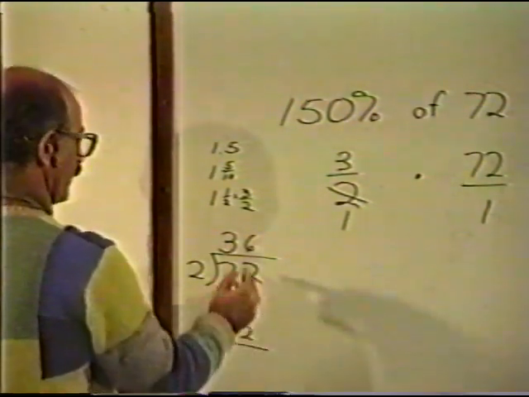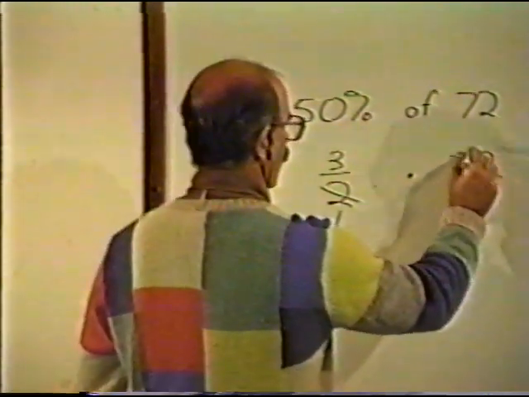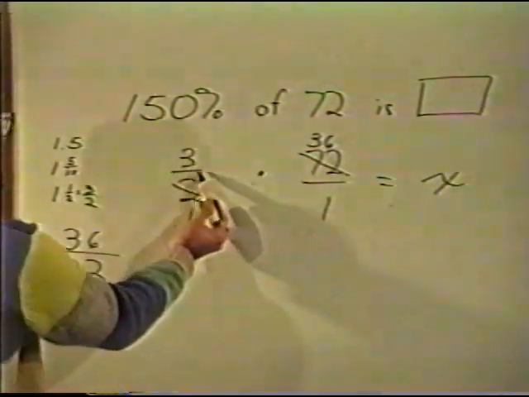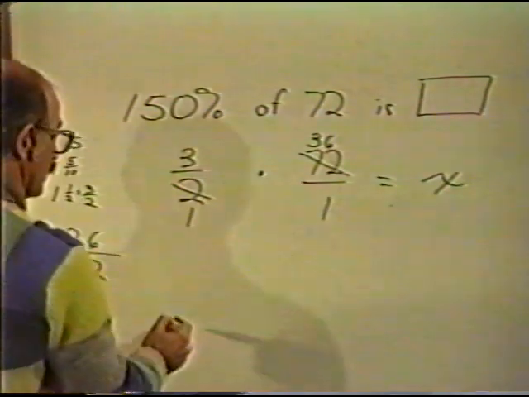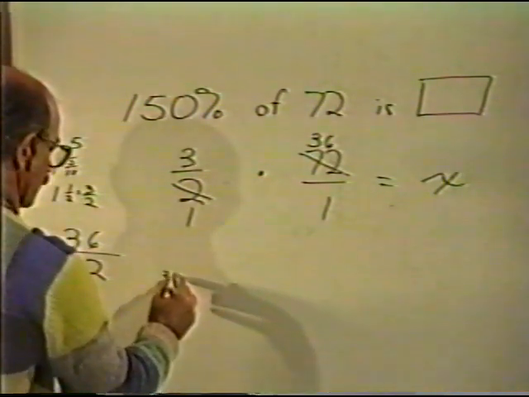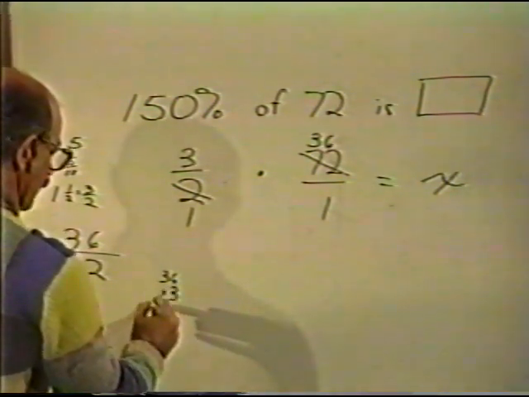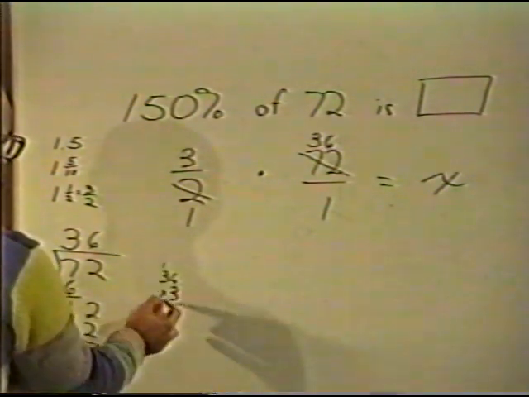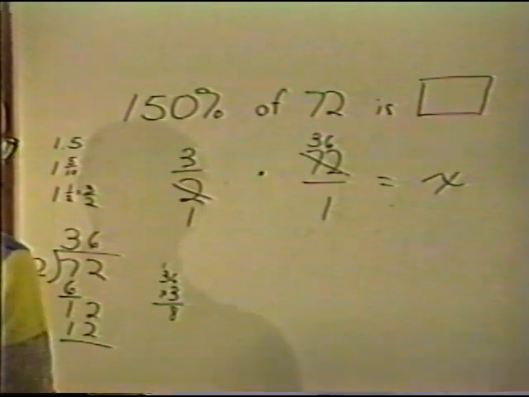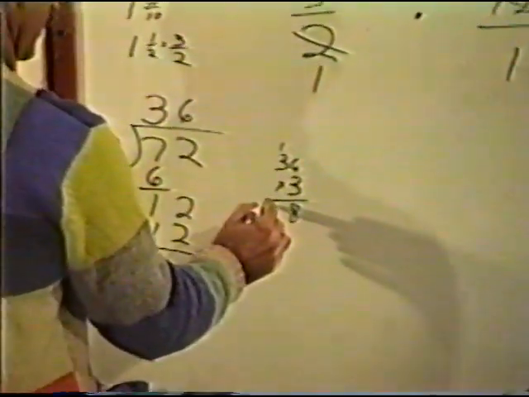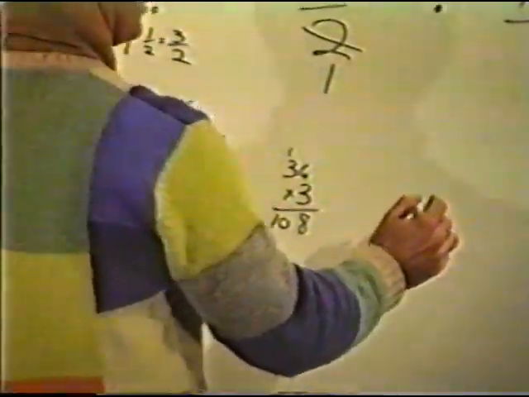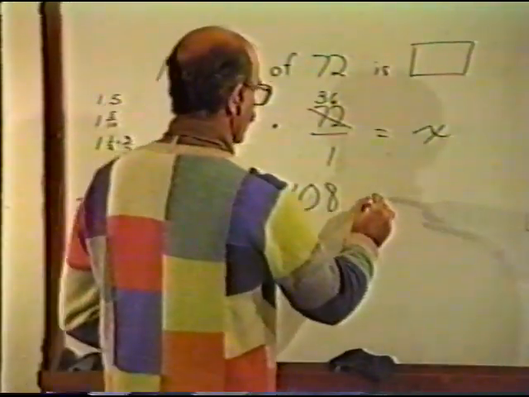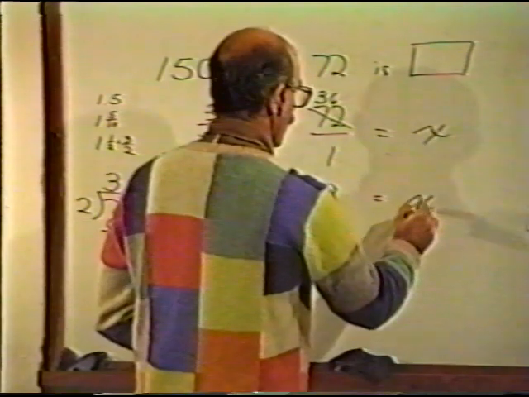It came out even, and we got 36. Now we have to multiply 3 times 36. 6 times 3 is 18. Carry the 1. 3 times 3 is 9. Plus 1 is 10. 108. 108 equals x.